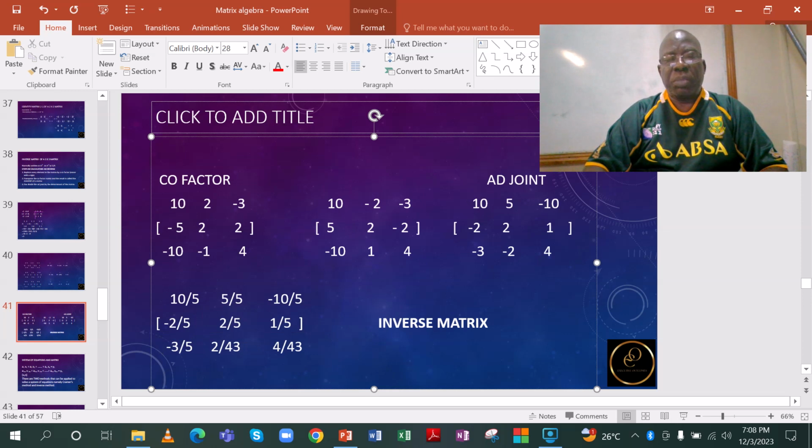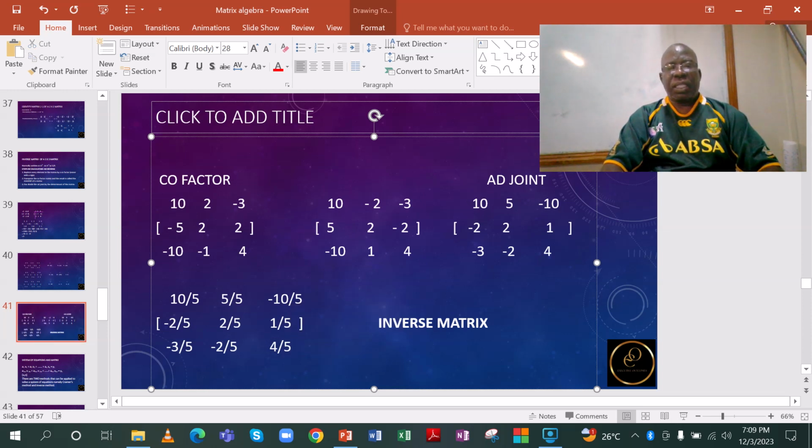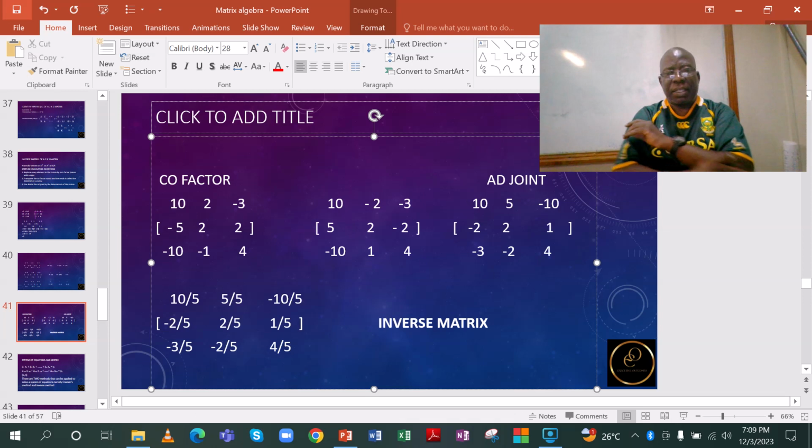Then this one will be negative 2 divided by 5. The last one will be 4 divided by 5. Okay, that will be the inverse of the matrix.